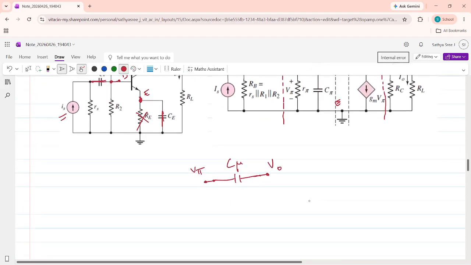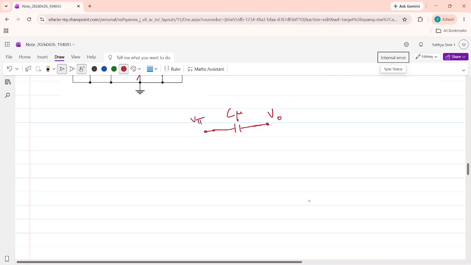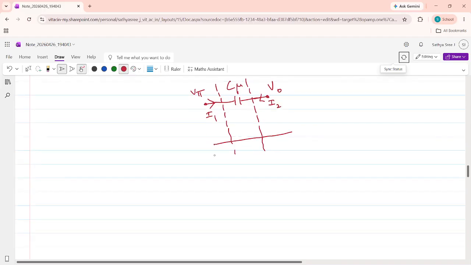This is grounded. Let me take this capacitance, C mu, whatever I have drawn within the dotted line. This is the current I1 and this is the current I2, the input current and the output current. Now I will write a KVL loop here.